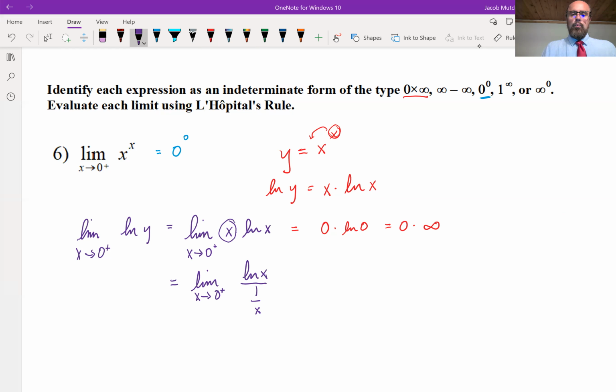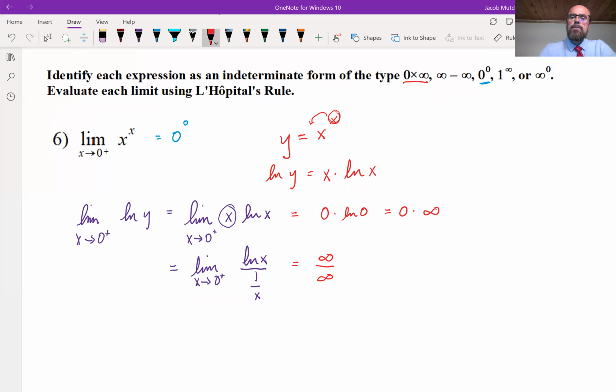And when I think about that form, if I do direct substitution there, that's going to be natural log of 0, which is infinity, as we saw, over 1 divided by 0, which is also infinity. So that's now eligible for us to use L'Hopital's rule. So let's do so.